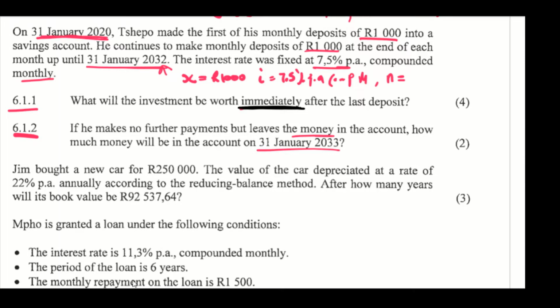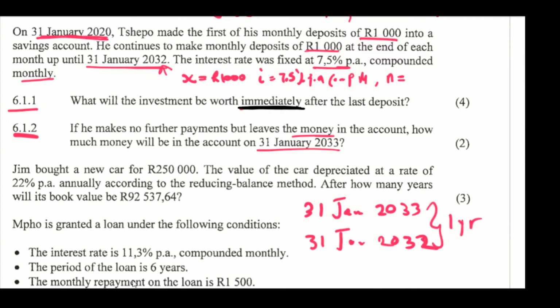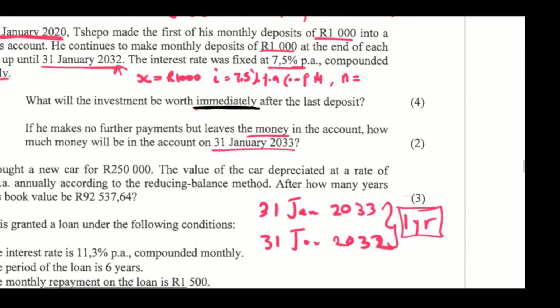Because we are looking at the 31st of January 2033, and the last payment of the investment was made on the 31st of January 2032, the difference here is 1 year. So there's 1 year of interest, which you can change into 12 months.